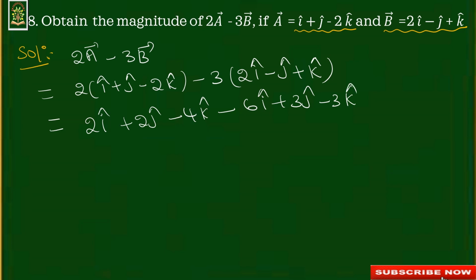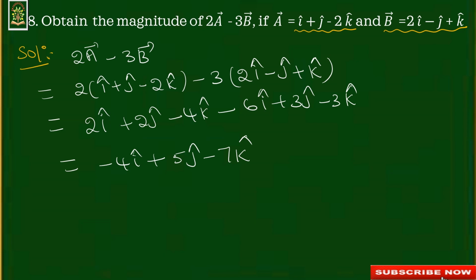So that is equal to 2i minus 6i, minus 4i cap, plus 2j plus 3j, plus 5j cap, minus 4k minus 3k, minus 7k cap.